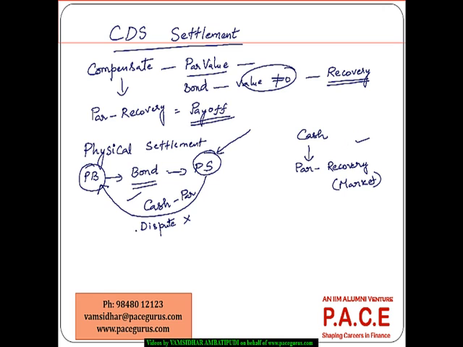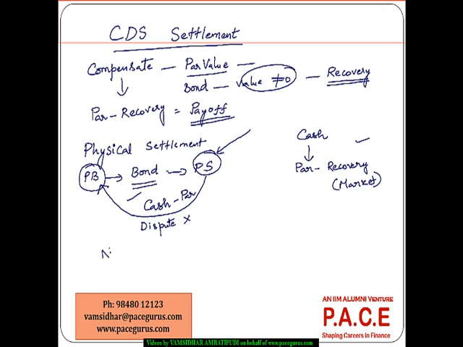So if I am looking at the physical delivery, the credit event is not specific to a given security. So if we are talking about this, the credit event may or may not be associated with a given security.